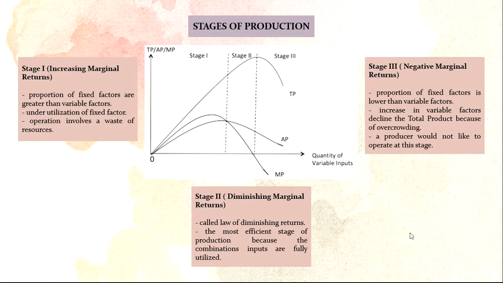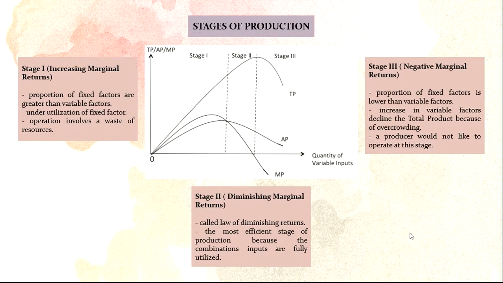So for stage 2, which is diminishing marginal returns, we call it the law of diminishing returns, the most efficient stage of production because the combination of inputs is fully utilized. Let's say we have 10 machines, and we have a suitable number of workers, and that helps to maximize the production.